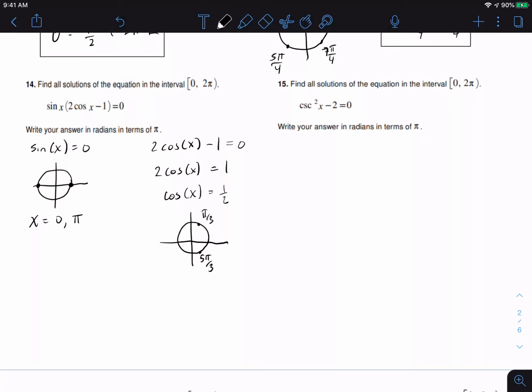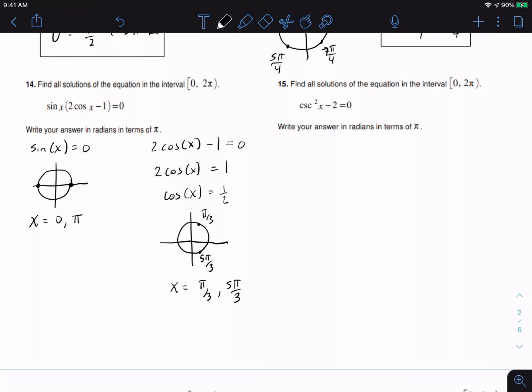And so we can see that our answer in this problem is 4 possibilities, right? So it's either x is 0, pi, pi over 3, or 5 pi over 3. So it's important that when we do these factoring pieces, we see that there's potential for many, many answers, okay?